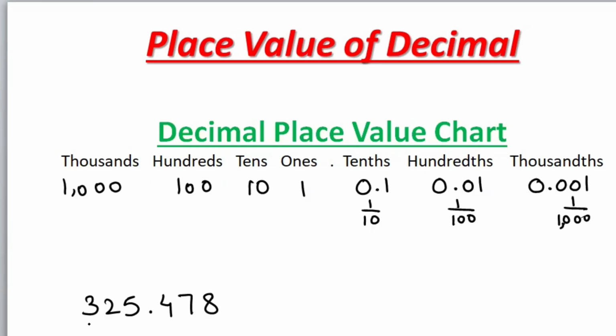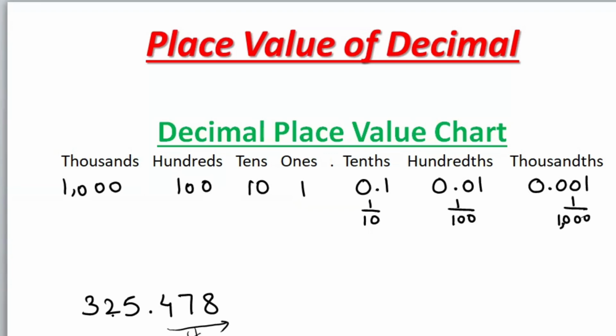But in the decimal place value chart, it's opposite. Whenever you start placing the number on the place value chart, you will always start from left to right. Okay, it's just the opposite of whole numbers. It will start from the left side and go towards the right side. But in the whole number, it starts from the right side and goes towards the left side.